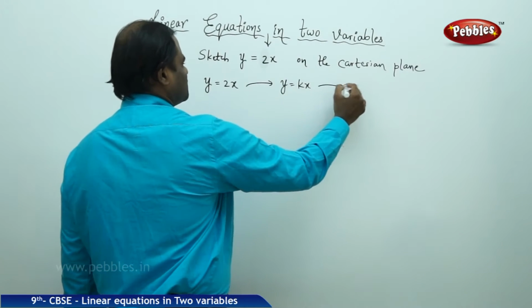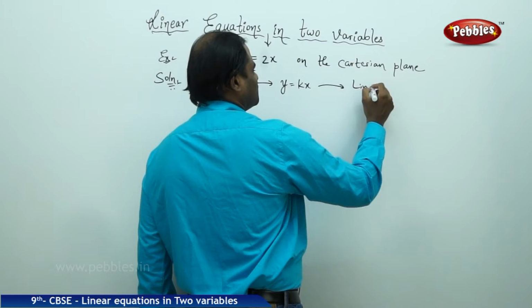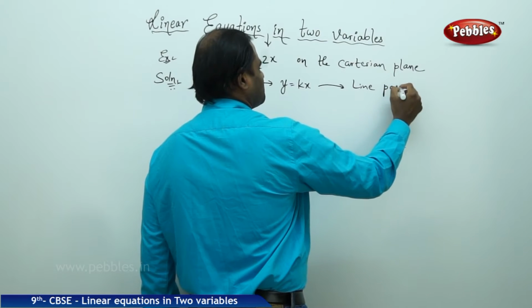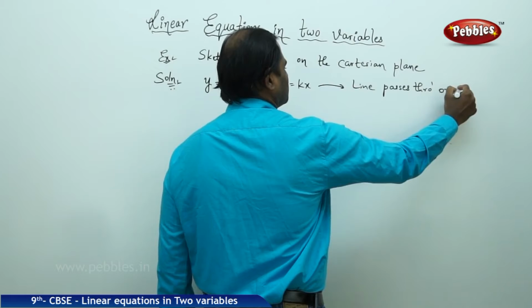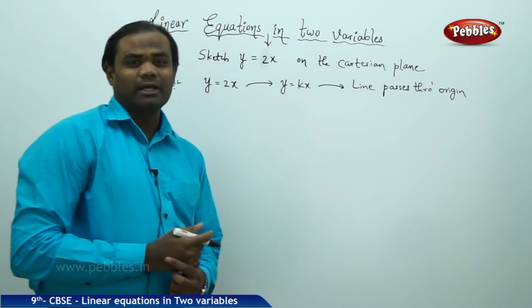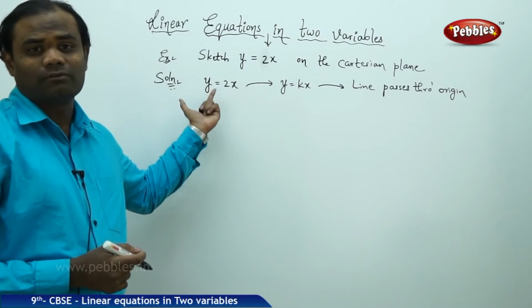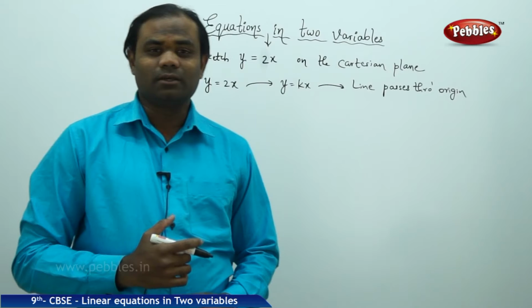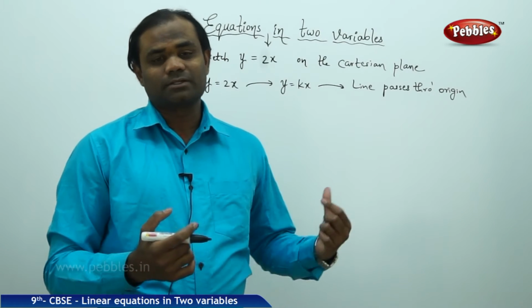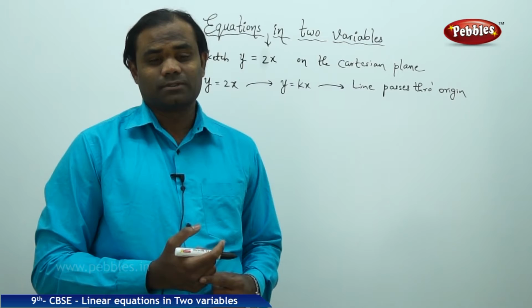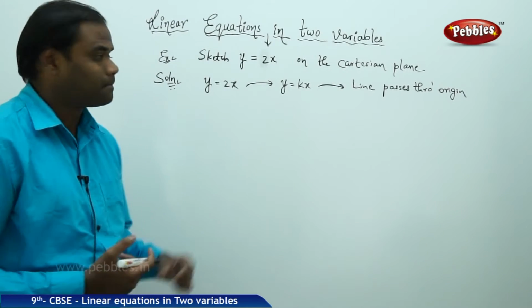So this line passes through origin, is how I understand the concept of the given example problem y equals 2x, a linear equation in two variables x and y without the constant as a special case.